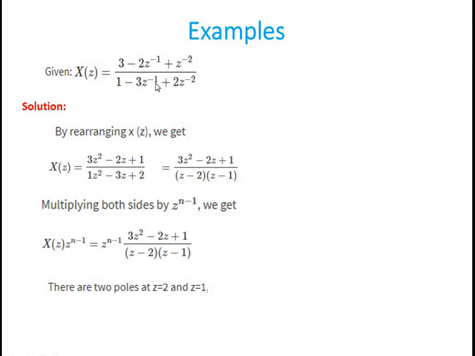Here the question is x of z given in negative powers. For ease of computation, we convert all the negative powers into positive powers. The very first thing is to multiply x of z by z power n minus 1 on both sides. After that we have two poles: one at z equal to 2 and another at z equal to 1.